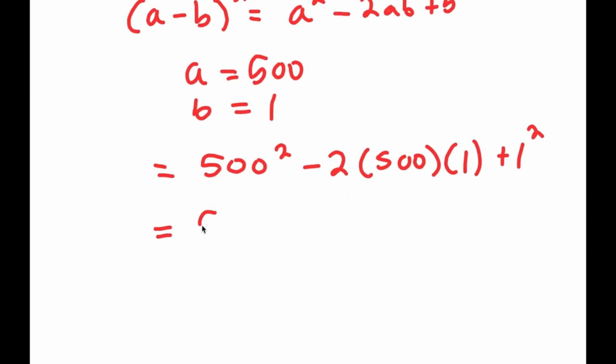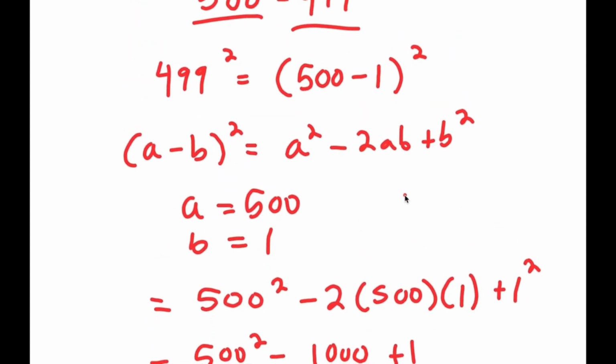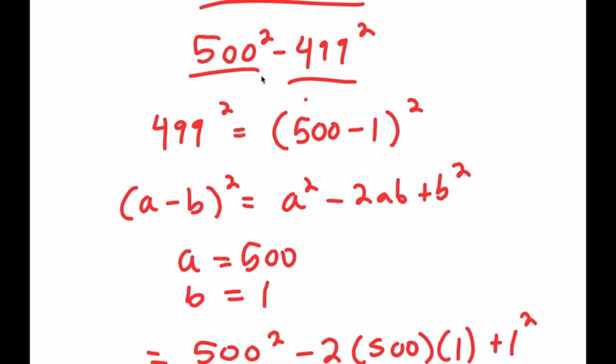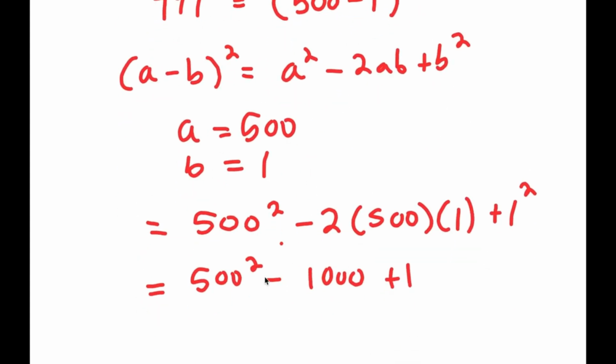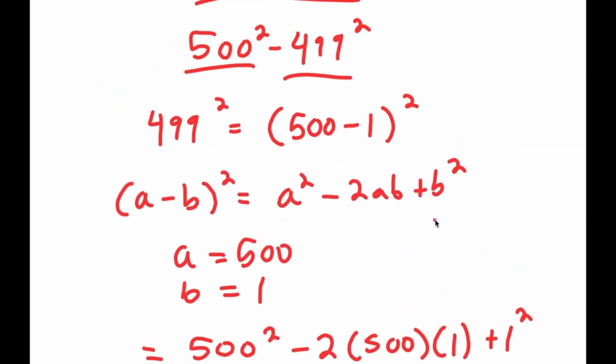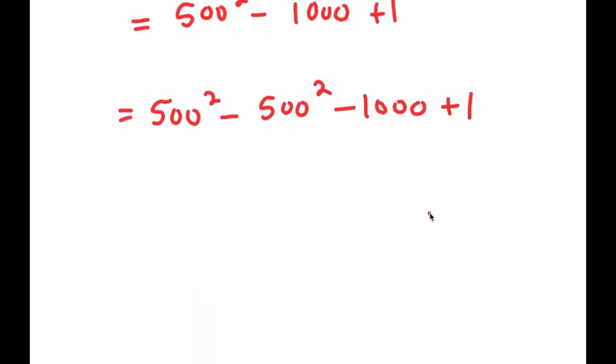And this simplifies to 500 squared minus 1000 plus 1. And now we can go back and replace 499 squared with this. So we get 500 squared minus (500 squared minus 1000 plus 1). And this is all in parentheses, by the way.